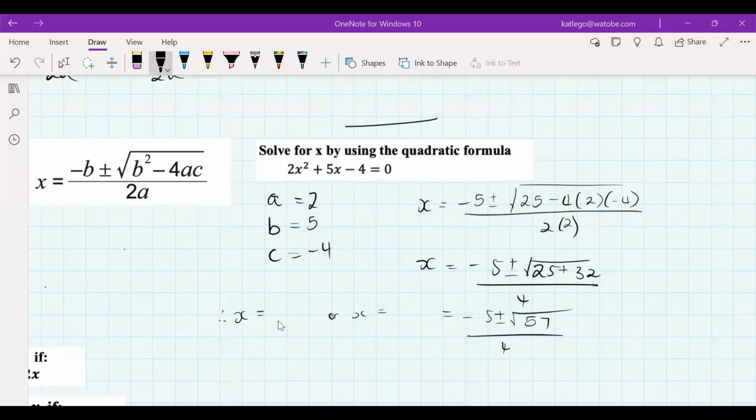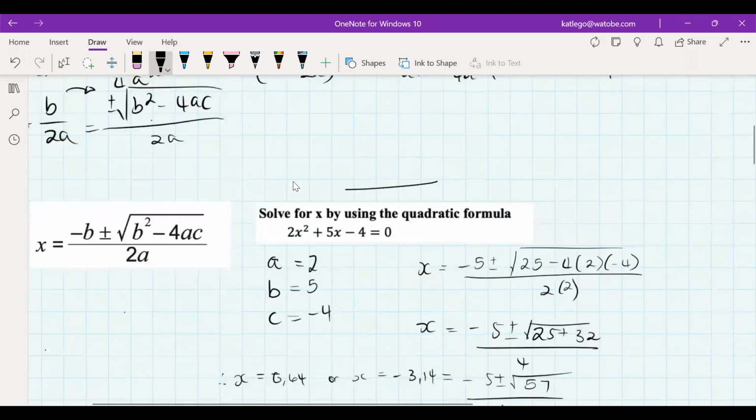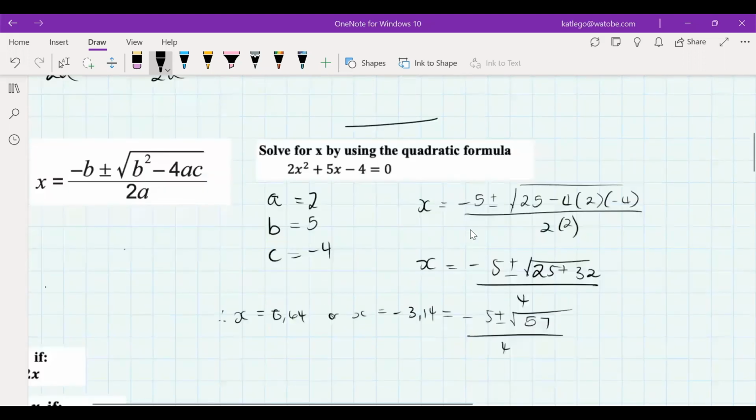Okay. I hope everyone else is trying. So I also got x equals 0.64, or x equals -3.14. If you did not get that, speak now and let's see where we went wrong.